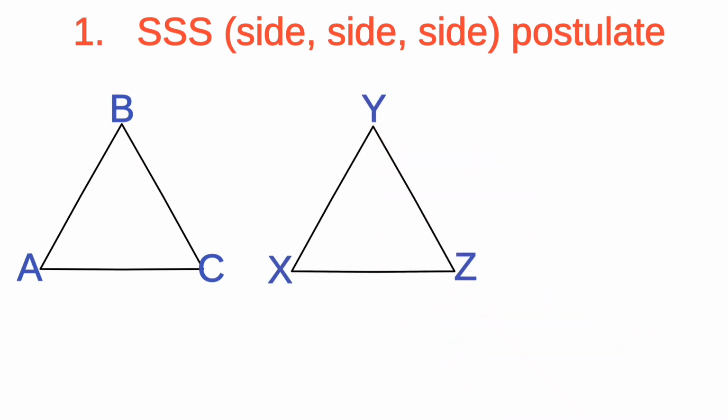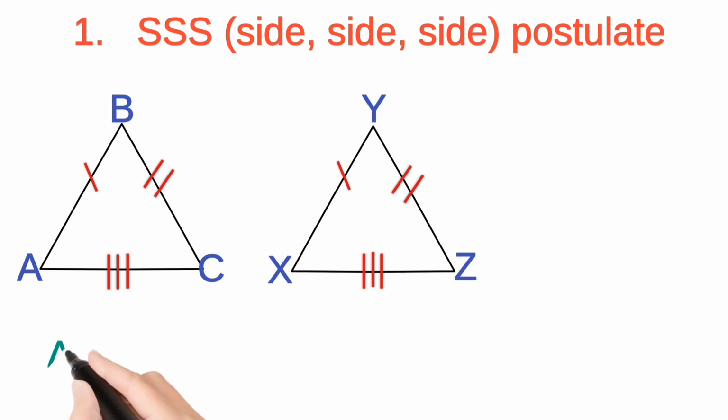XYZ, if side AB is congruent to side XY and side BC is congruent to side YZ, and finally side AC is congruent to side XZ, we can now say that the two triangles are congruent.